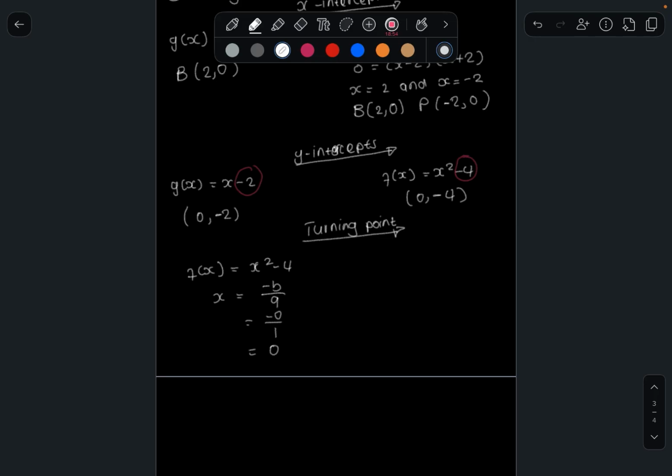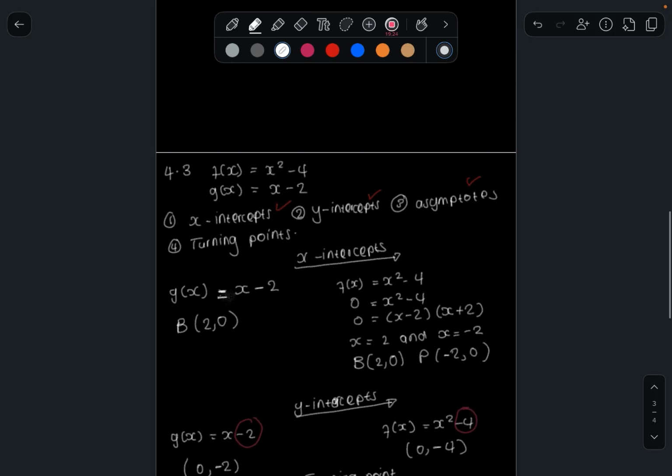And then we substitute back the 0. So f of 0 is equal to 0 squared minus 4. And we get f of 0 is equal to negative 4. So we find out that our y-intercept is our turning point. So TP, I like noting it down as TP. So TP is 0, negative 4. Right. So tick, turning point.